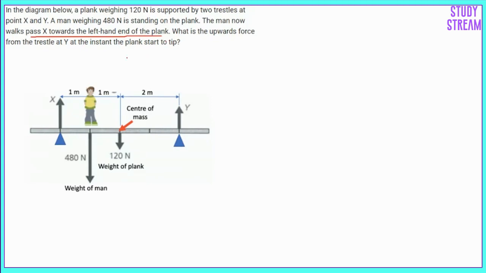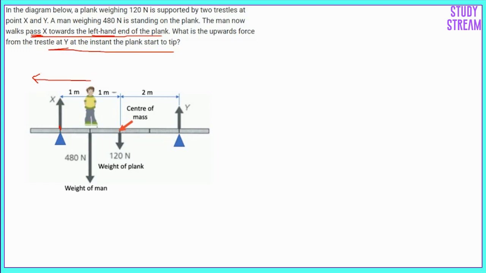Okay, from what I understood, they say that this man started walking to the end of the plank on the left hand side, passing point X. So what is the upward force at Y before the plank starts to tip over, before it loses its balance or its equilibrium?